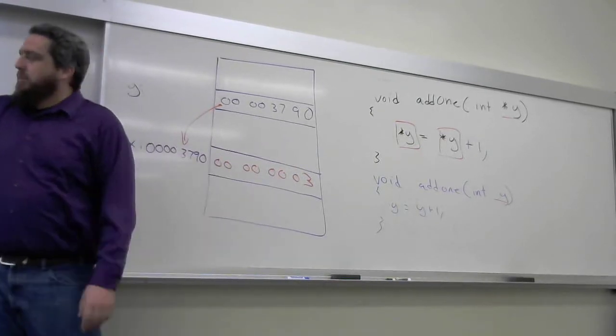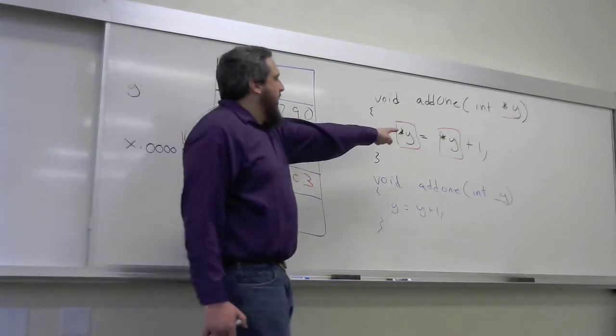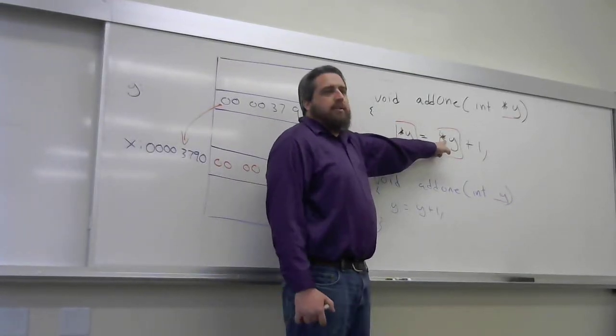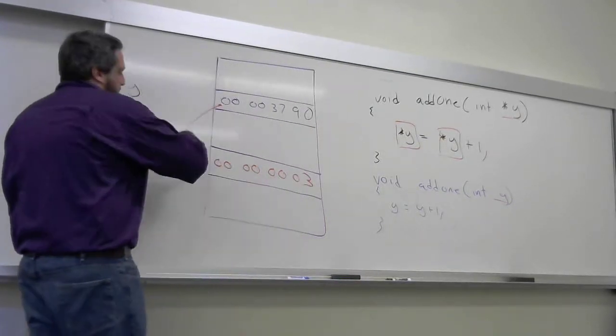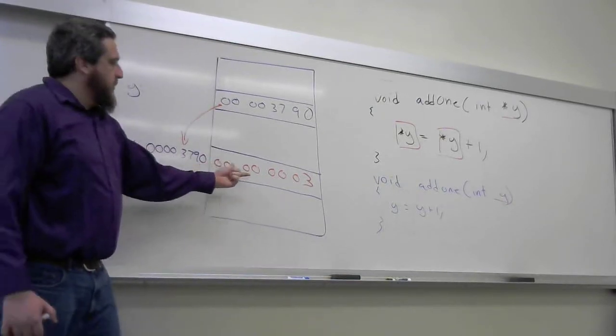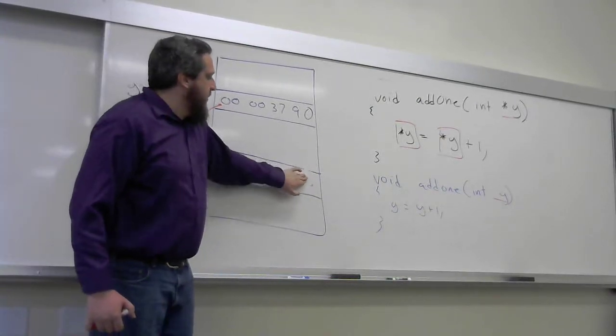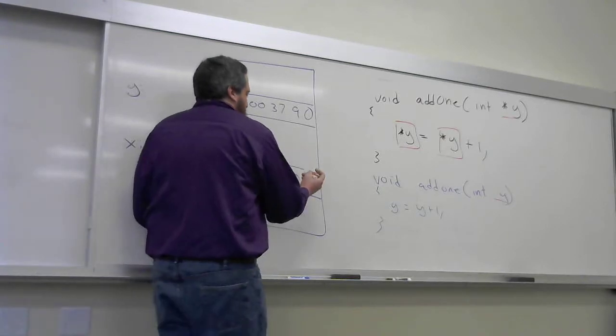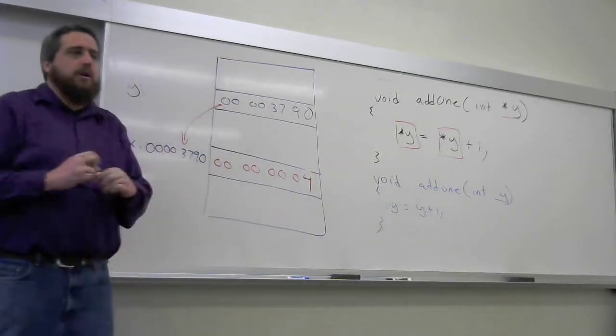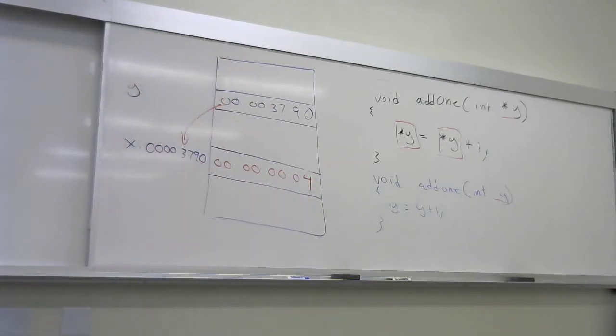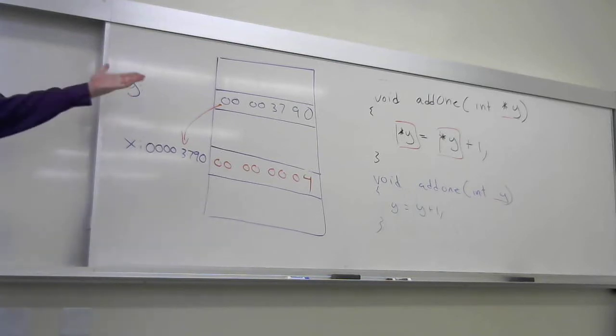When I call add1, this is why it says, hey, give me the value of the thing that you point at. So we look at the value of what y points at, which is this location. We take this value of 3, we add 1 to it, and we store it to that location. So that value becomes 4. That's what's occurring with this first iteration.